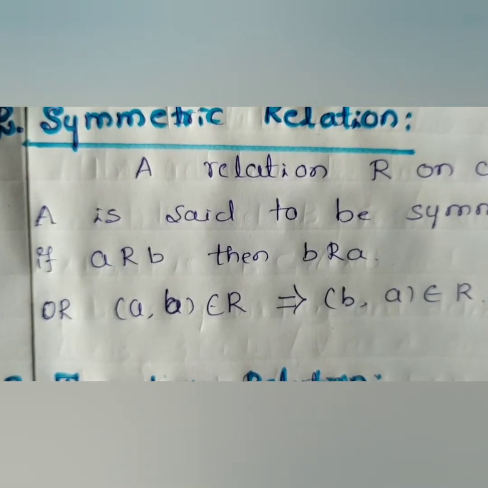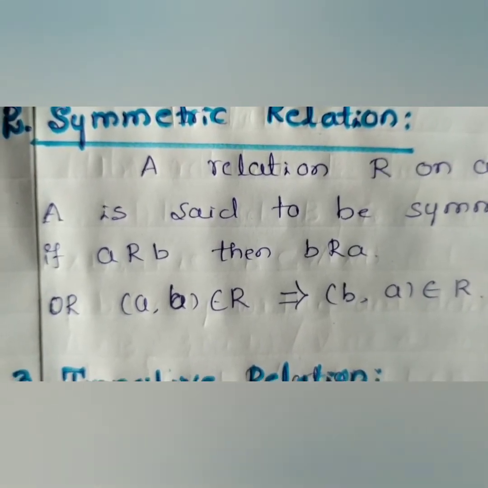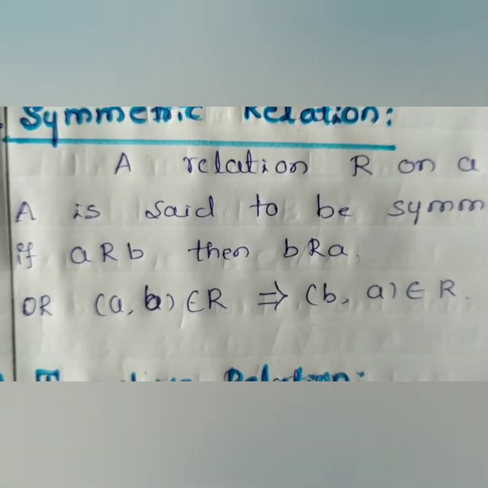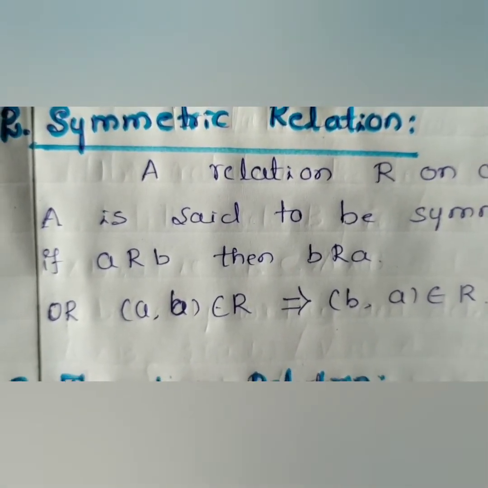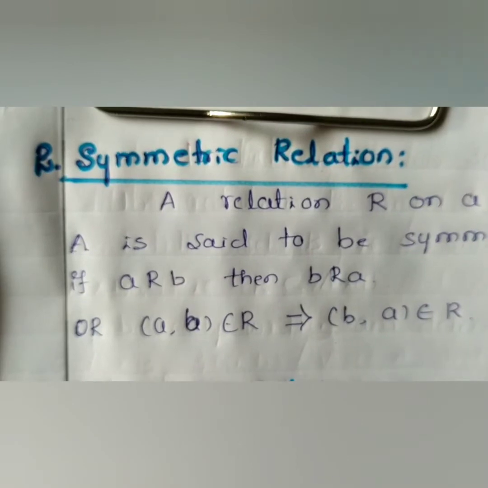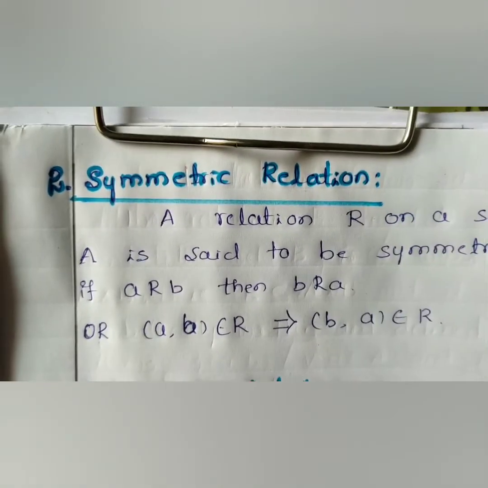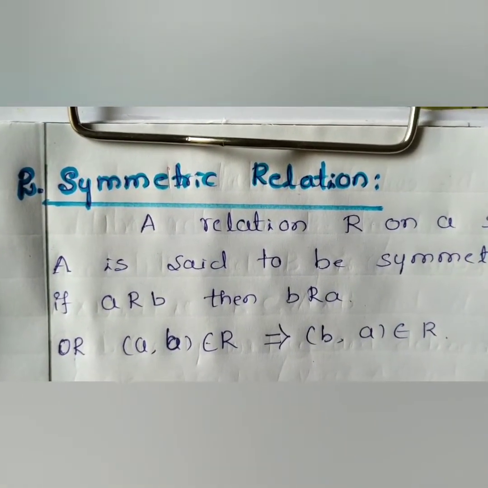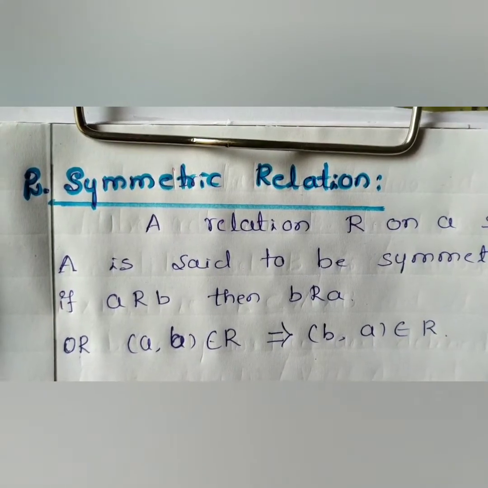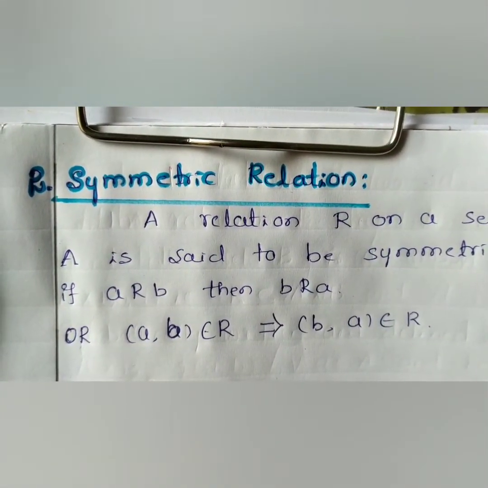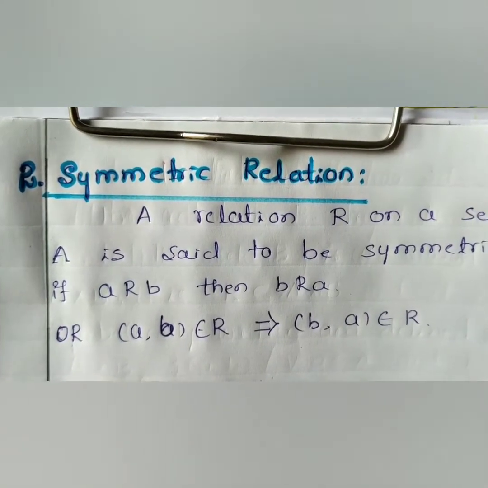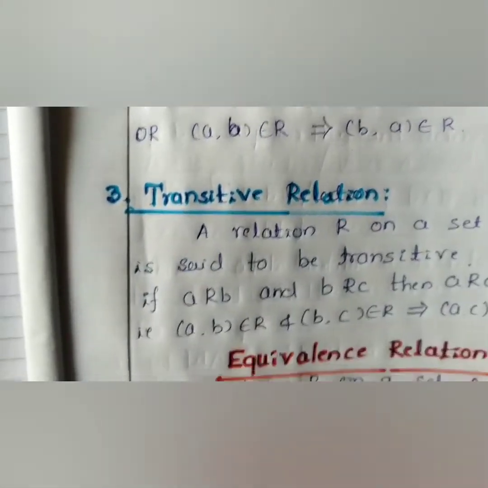Or we can say the pair (A, B) belongs to R implies the pair (B, A) also belongs to R. What do you mean by ARB? A is related to B. Suppose A is related to B, then immediately B is related to A. It satisfies B is related to A. For example, A is a friend of B. Immediately it means that B is also a friend of A. Such a relation is called the symmetric relation.